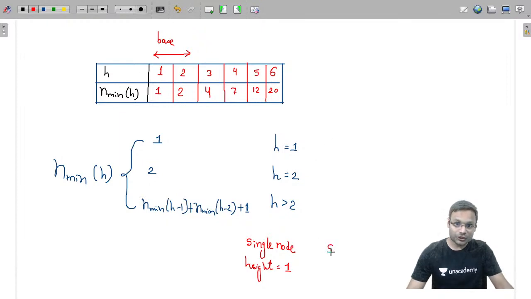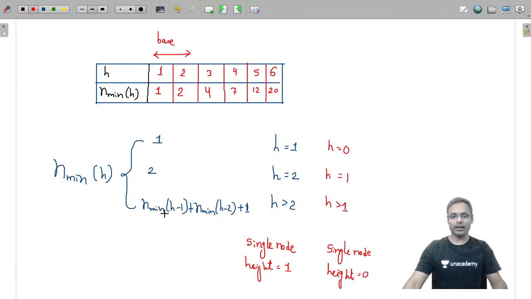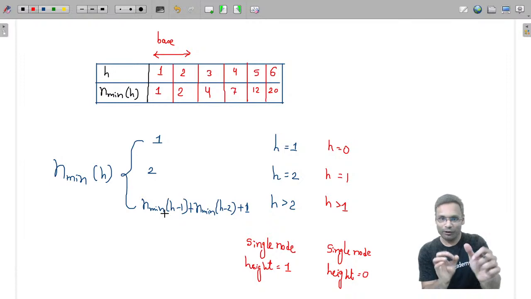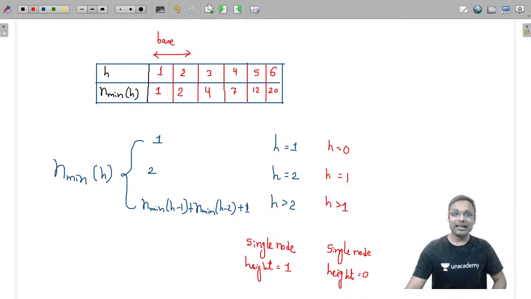If the question says a single node tree's height is 0, then my formula will become: when height is equal to 0, 1 node; when height is equal to 1, 2 nodes; when height is greater than 1, then this formula. So you can tune this formula for other definitions also easily, based on your understanding.